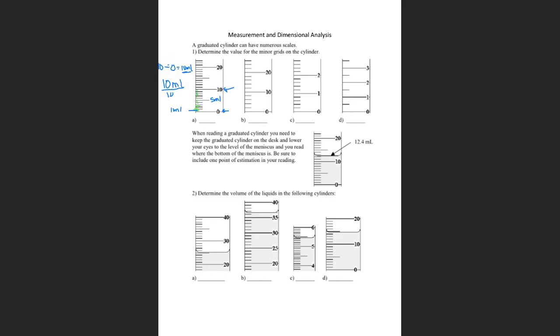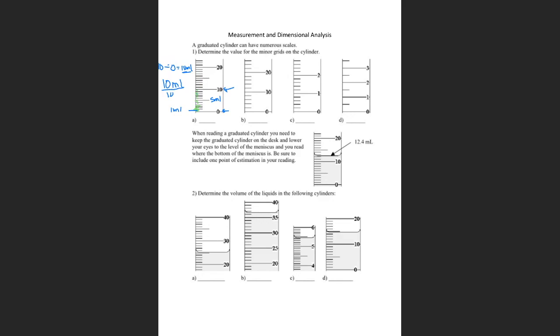So all I did here was show you how to figure out these graduations, okay? What I want to do right now is have us actually read one of these. Let me pick one where the graduations are different from the ones we did. Let me do this one here. We're going to be reading the volume of the liquid in this graduated cylinder.